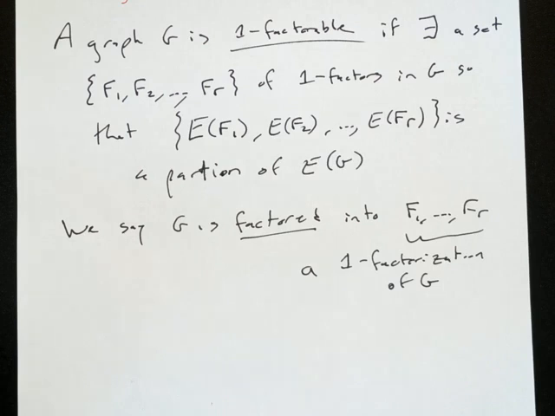Every edge belongs to one and only one of those collections of edges. Every vertex has to appear in all of them. Because it's a one factor, it's got to cover all the vertices. So each vertex has to have one edge in each of those.